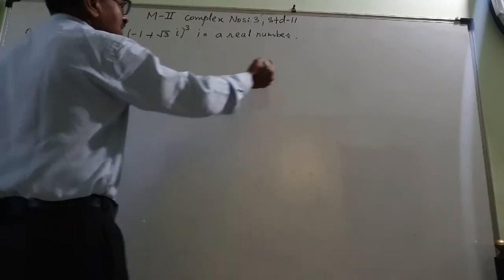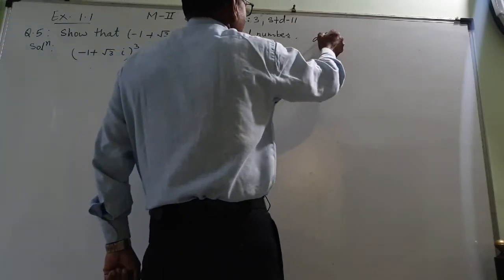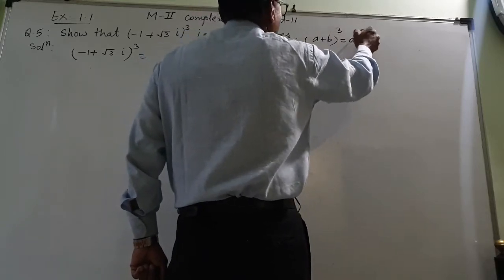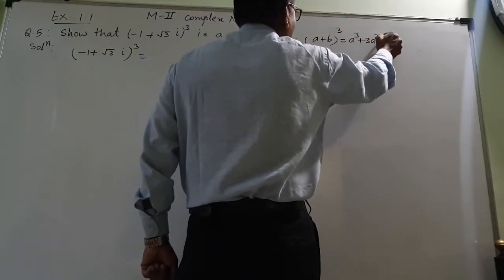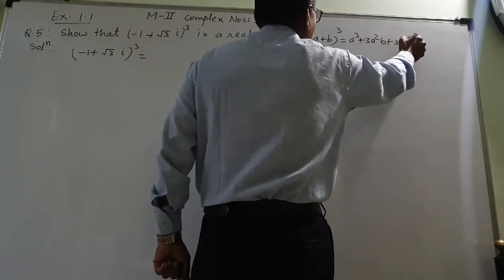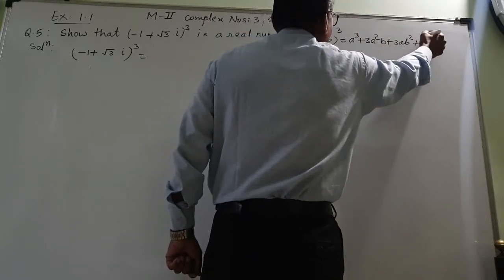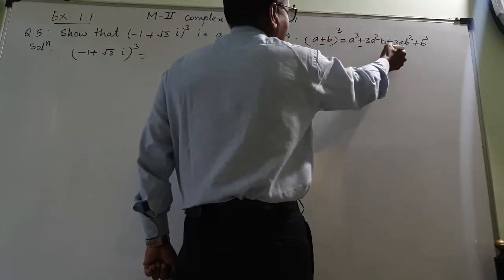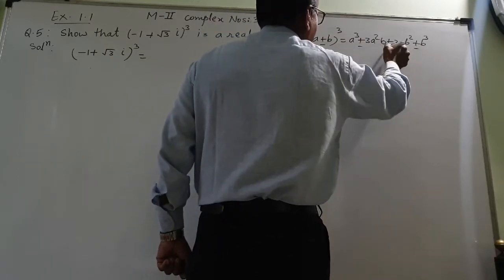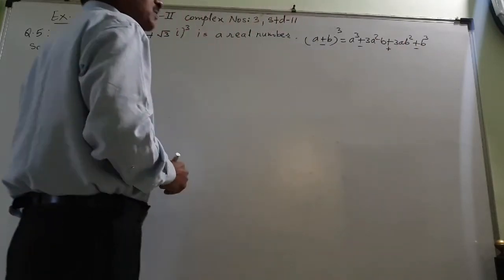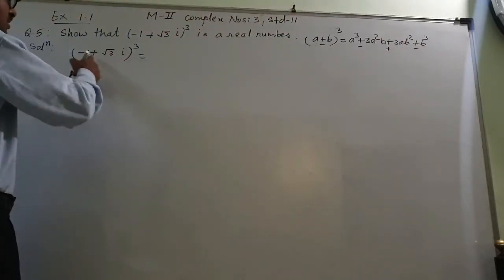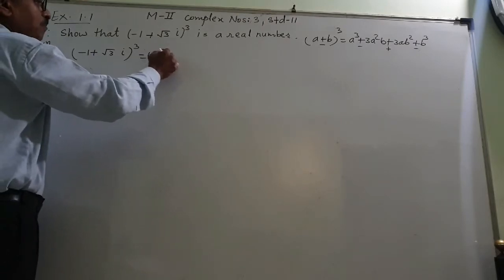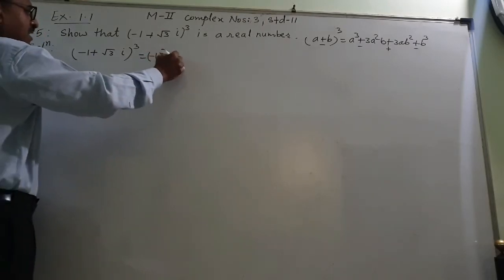This is equal to, here I have written the formula once, a cube plus 3a square b plus 3ab square plus b cube. And if it is minus, here plus, here minus, here plus, here minus. This way it goes. So this is (-1) cube, a cube, plus 3a square b.